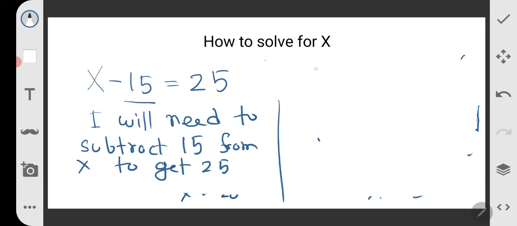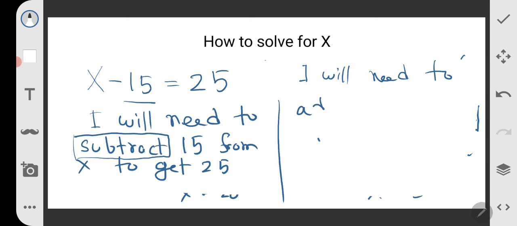So what are you going to do? So working backwards, since you're subtracting something from x to get 25, that means you'll have to add something to 25 to get that x, right? So I will need to add. Remember, you are subtracting, right? So that's why you'll need to add.